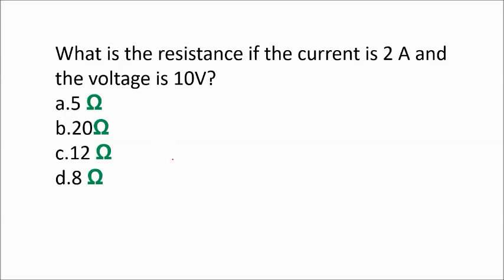So simply, you divided 10 by 2. From the formula, V is equal to I times R, then R ang unknown, R is equal to V over I.